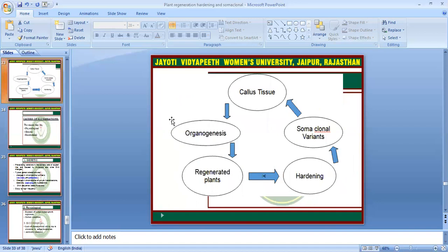This is the complete flow chart. Here we can see, first of all, we develop callus tissues. After that, we go for organogenesis, then we get regenerated plants, and then we go for the hardening process. During the hardening process, we can find the somaclonal variants, and after getting a somaclonal variant, we can again grow it through tissue culture.